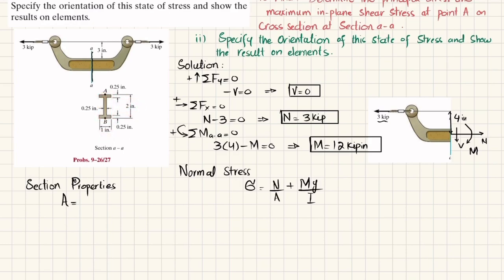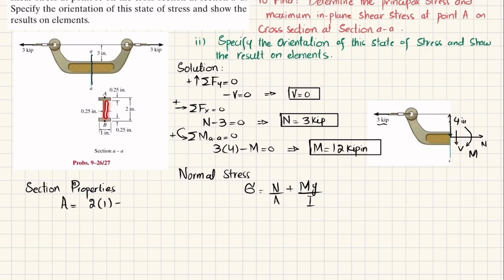So area is equal to 2 multiplied by 1 minus, you can see this height is 2 minus 0.5 minus 0.5, which is 1.5, and the remaining two portions are 1 minus 0.25, which is 0.75. So I will write 0.75 multiplied by the height, which is 1.5, and when you calculate it you will get the area as 0.875 square inch.